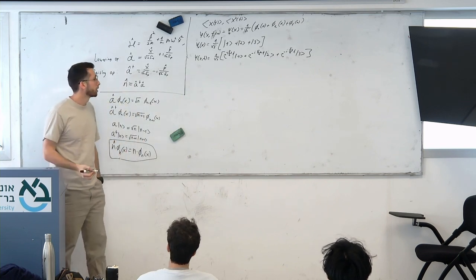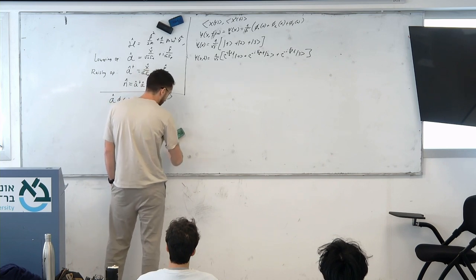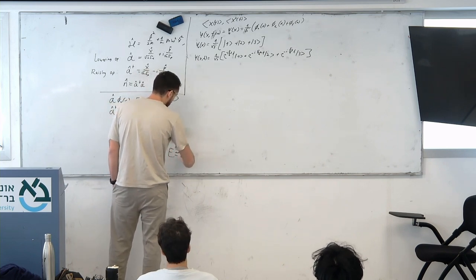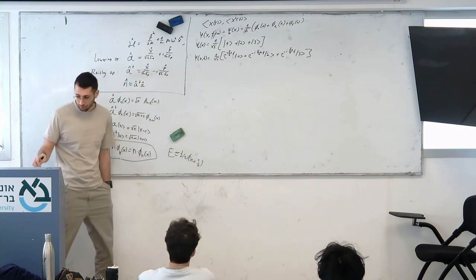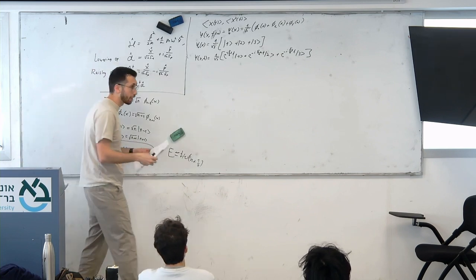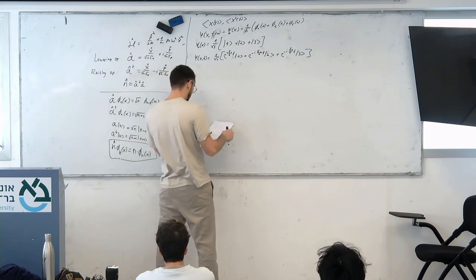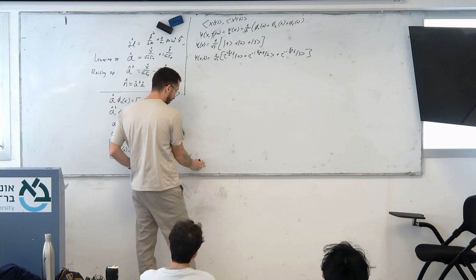We can write it explicitly because we know that the energies are equal to h bar omega times n plus half. So I can write it explicitly and take the common factor outside from everything.